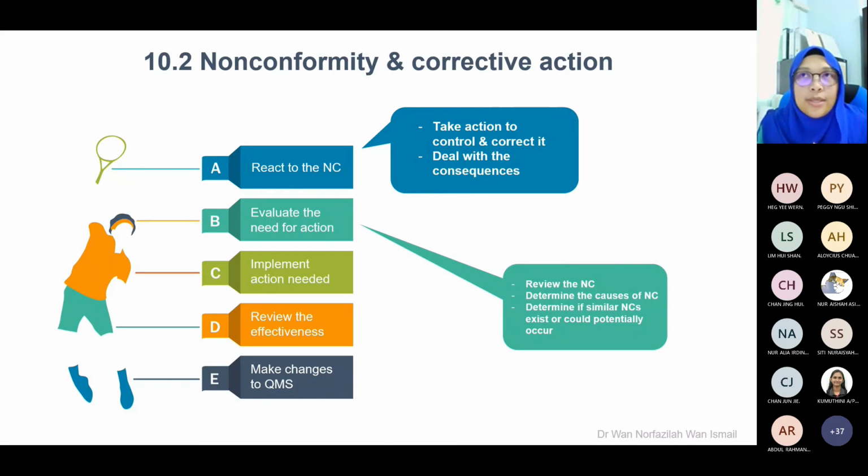Okay. For example, non-conformity. Okay, just now, one of the non-conformities is absent during management review meeting. So what are the actions needed? To make sure this personnel hadirlah masa management review meeting. Kalau you guys, apa yang you buat? How to take action to this guy who always misses management review meeting?